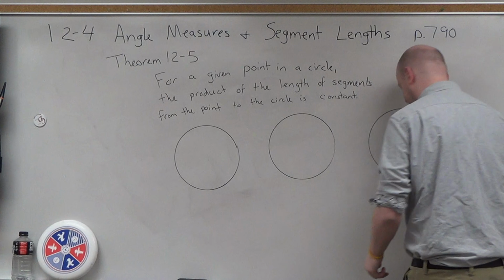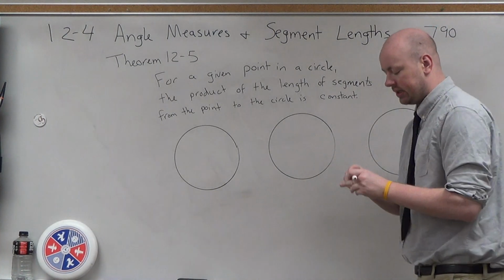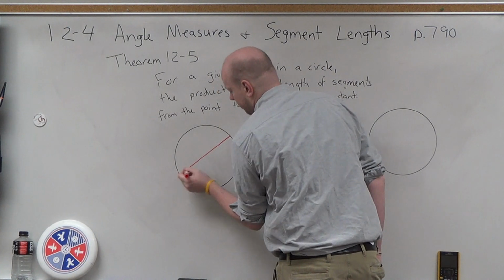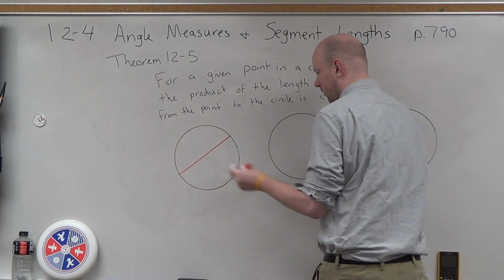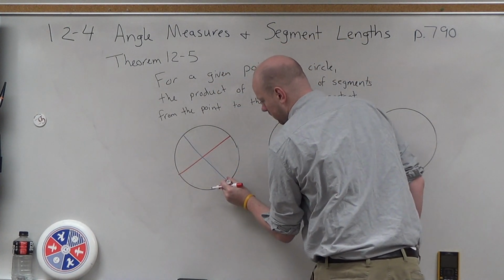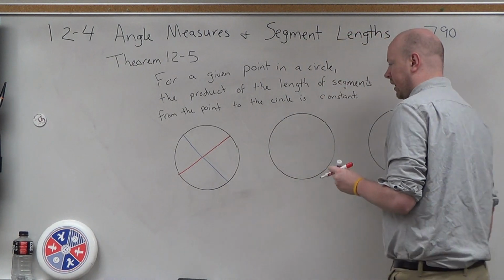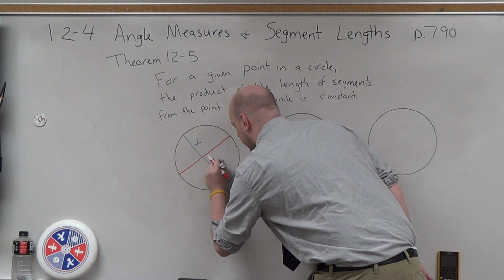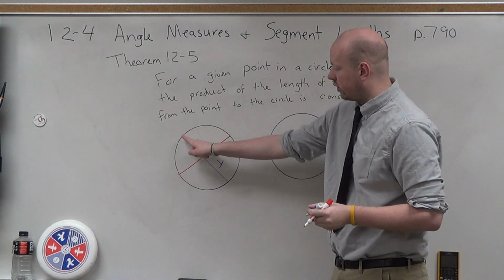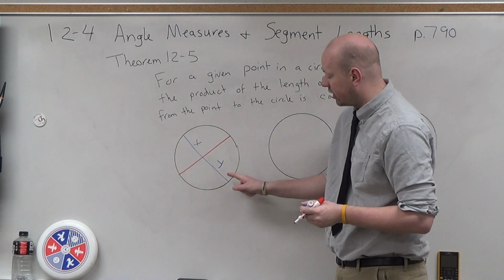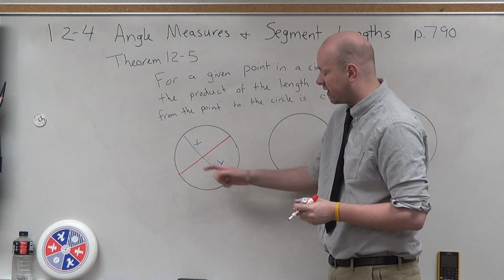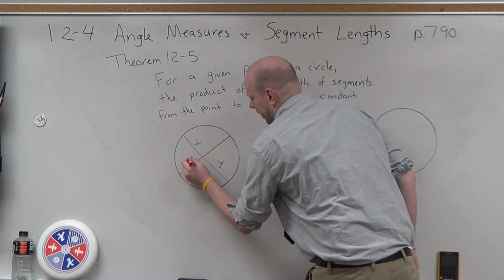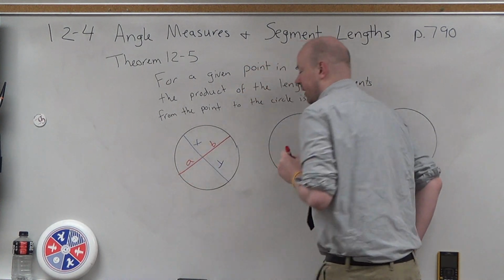So the first case is my lines intersect inside the circle. Okay. And let's say I have different values. Let's say x, y, where x just goes from the edge to the intersection, and y is also from the edge to the intersection. And then I also have a and b.